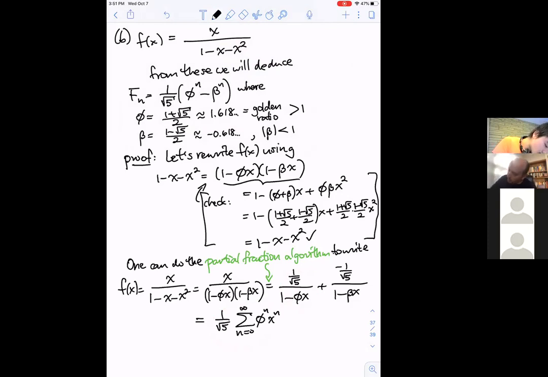And the other one gives me a minus 1 over square root of 5, and then a geometric series of beta to the n, x to the n. So both of those were just using the geometric series: 1 over 1 minus r is 1 plus r plus r squared plus dot dot dot.